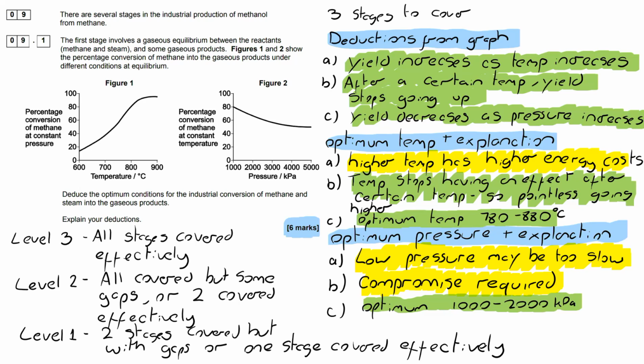Now again, if we break that down, I've got all green for the deductions from the graph. If you do it properly and give that information, that immediately takes you into a level 1. So if you then attempt to talk about the optimum temperature or the optimum pressure, that's moving you up into the higher levels already.